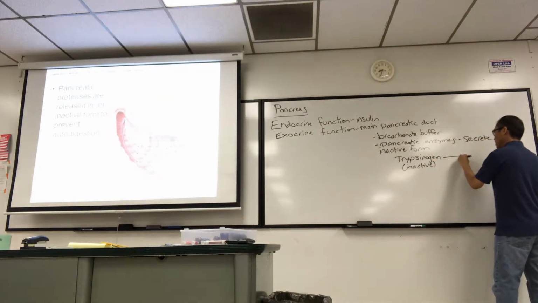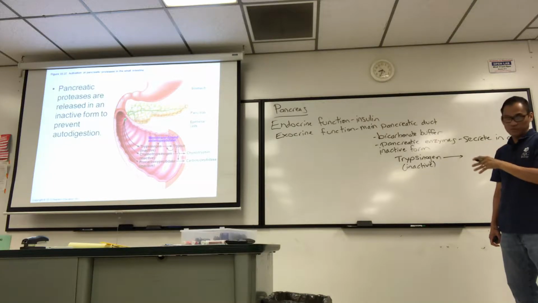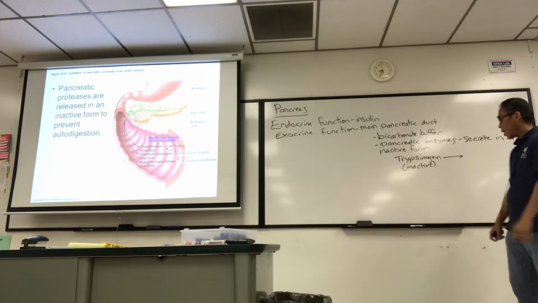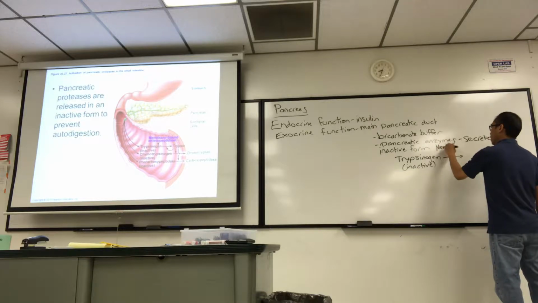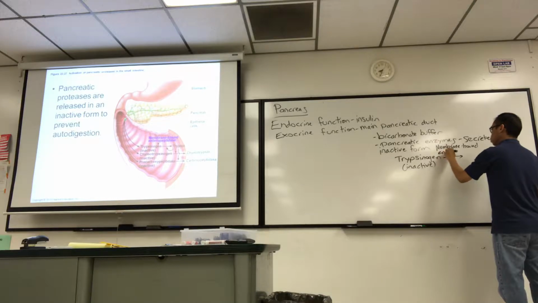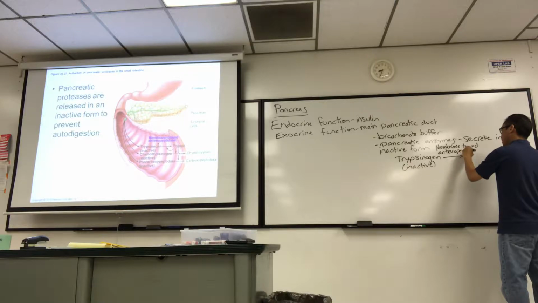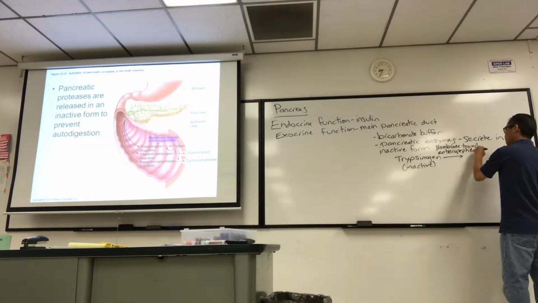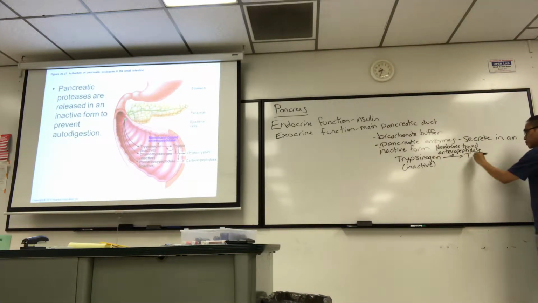So to activate it, when you get to the lumen, there's a membrane-bound enteropeptidase within the digestive tract that will then activate it after it's been secreted into the duodenum. That's what I'm writing. A membrane-bound enteropeptidase. Okay, that is what will activate it from trypsinogen to trypsin, and that's the active form.